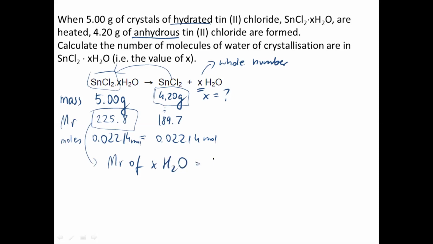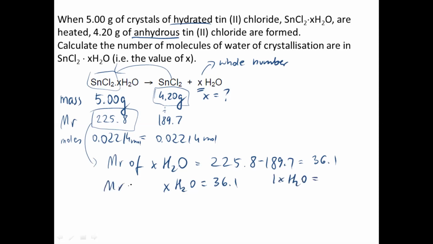The Mr of X waters would be 225.8 minus 189.7. Right, so that's going to be 36.1. So X waters is 36.1, but we know that 1 water, the Mr, is how much? 16 plus 2, 18. So how many waters get in here? Right, so X equals 36.1 divided by 18. It's about 2. Must be a whole number, as you remember. Okay, so that's one way of going about this.